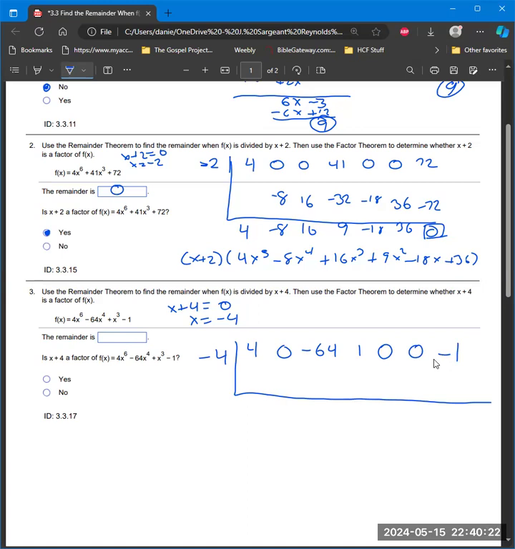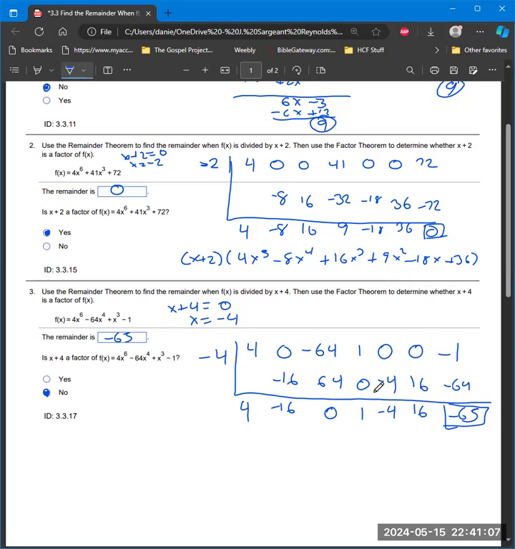So bring the 4 down. 4 times negative 4 is negative 16. And add, and then a positive 64 is going to be 0. And that's 0 plus 1 is 1. And then that's negative 4 plus 0 is negative 4. That's 16 plus 0 is 16. And negative 64 plus a negative 1 is negative 65 for my remainder. So no, it is not a factor.